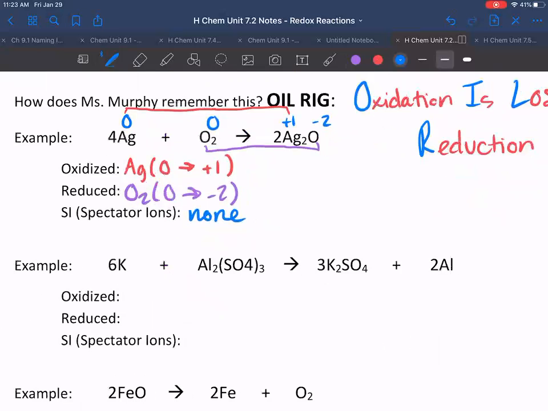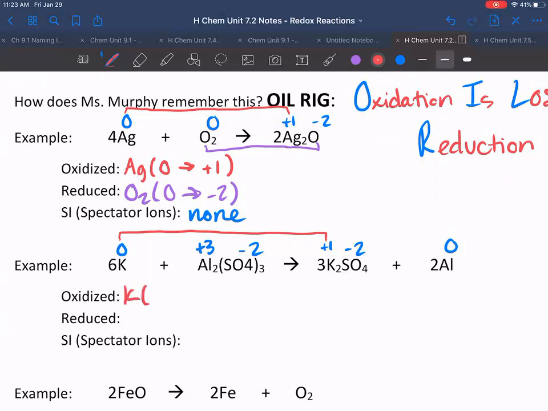All right, so the next one here. The charges we determined were 0, +3, -2, +1, -2, and 0. Going from potassium on the left side to the right, we are going from 0 to +1. This must mean it's oxidized because it's getting more positive.